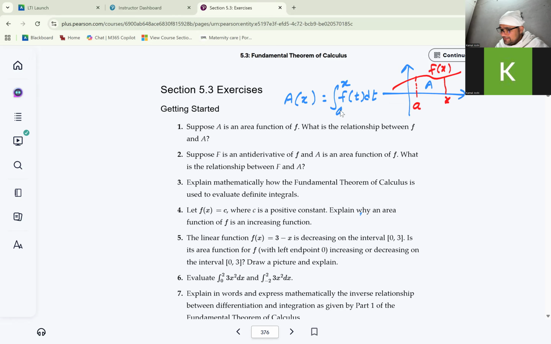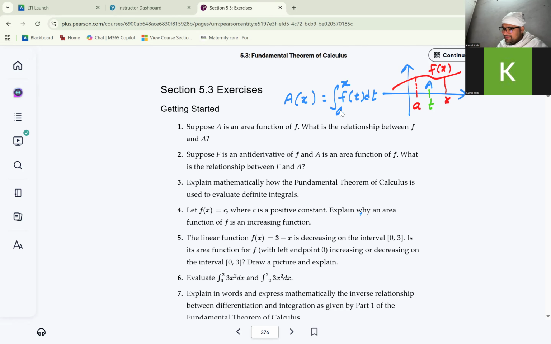What we mean is t is a variable here that takes its values from a to x. t varies from a to x. And as we integrate that, we get the area under the curve, and now x can change. So that variable area we get is the area function. Okay, that was the first question.